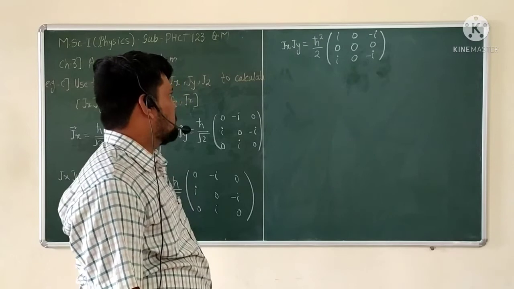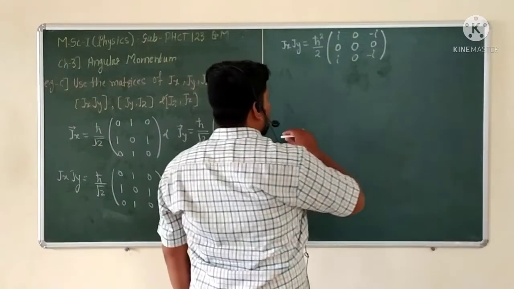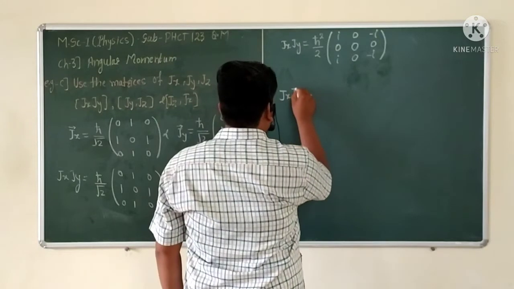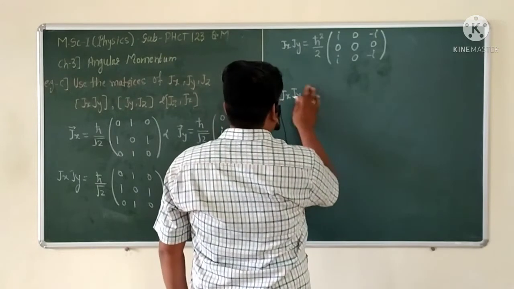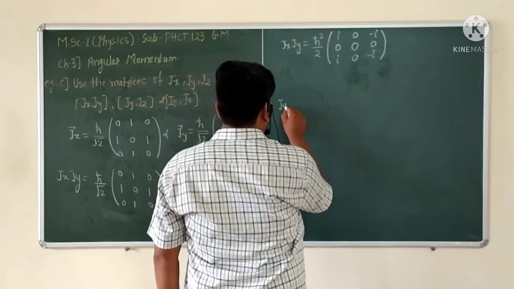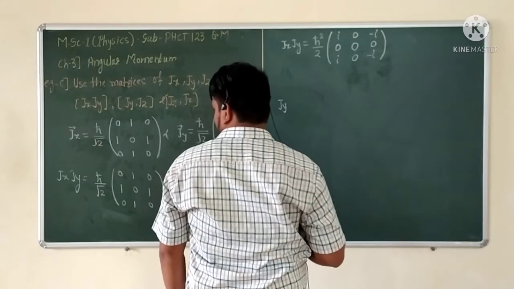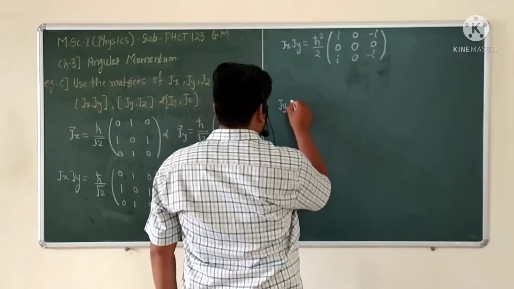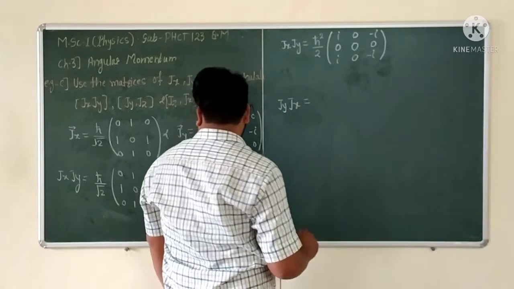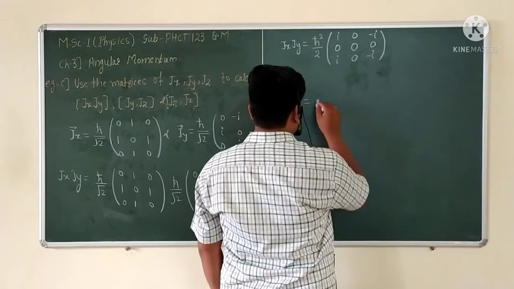Now Jx Jy is calculated. Next we want to find the multiplication of Jy and Jx, the reverse of this bracket or matrix representation.